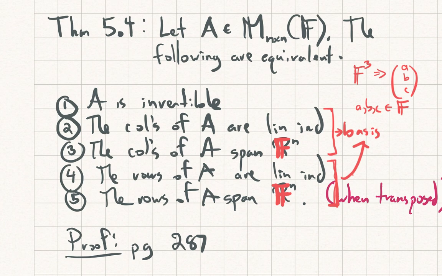This is kind of all we have to worry about. But there's a little bit of work to get there. And to see why this is true, the proof is on page 287 of your textbook. I will say that it only does the case when the field is indeed the real numbers, but the proof can just go forward exactly by replacing R with any field that you like.